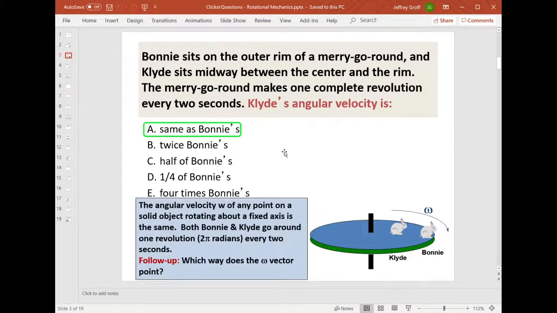There's a follow-up question here. Let's see if you know the answer. Which way does the omega vector point? This would be an application of a right-hand rule. When you're talking about things that are rotating, the right-hand rule is something that you're going to encounter next semester too, in a different context.